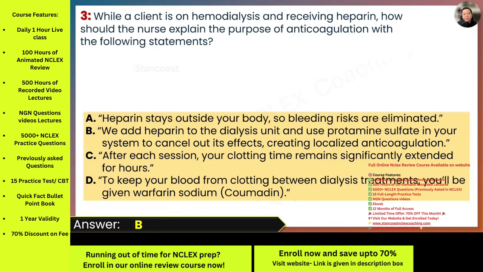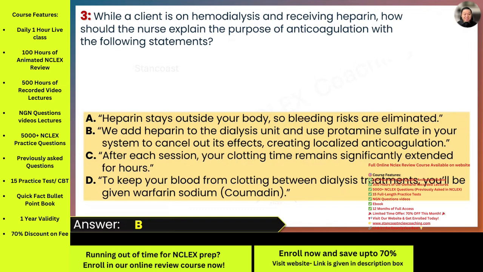Now, I want you to remember that the goal of heparin use during dialysis is temporary clot prevention in the machine, not between sessions. The goal is not about anticoagulating the patient. So I want you to focus on the core purpose of heparin in the dialysis.